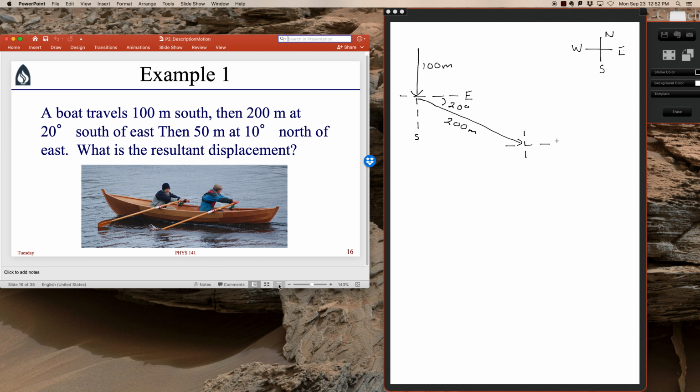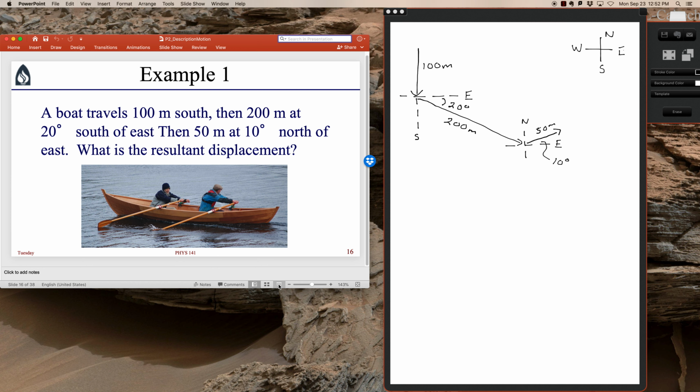So I start out in the east direction and drag the tip of that vector 10 degrees in the north direction. So the final vector will look something like this. It will have a length of 50 meters and be at an angle that is 10 degrees north of east. Okay, so those are my 3 vectors.